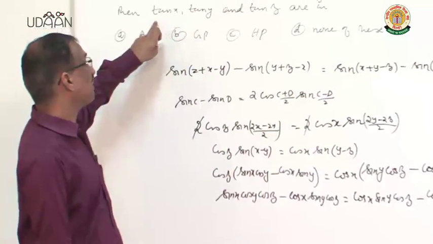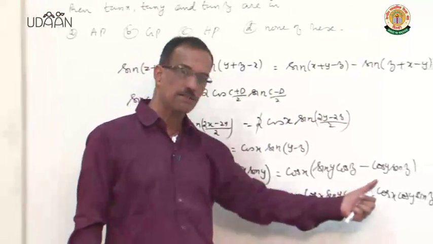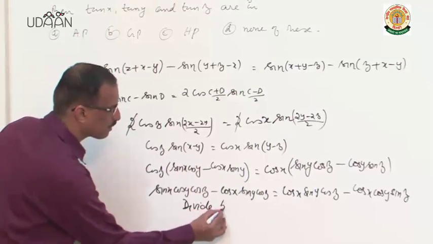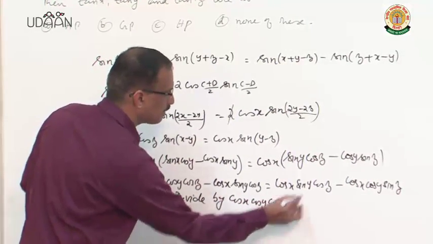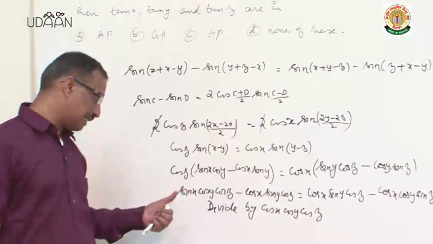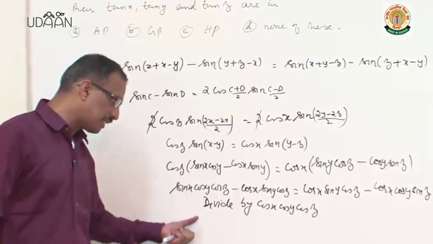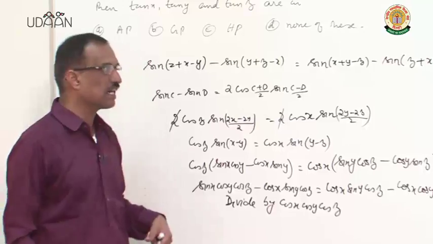Now we have to think of tan x tan y tan z. So divide throughout by cos x cos y cos z. What will we get? sin x upon cos x, because cos y cos z cancel, that becomes tan x.